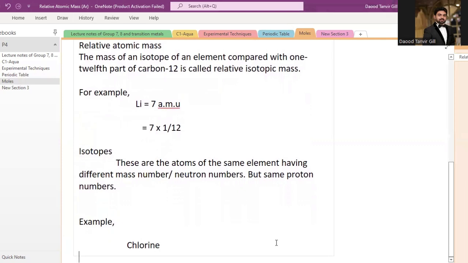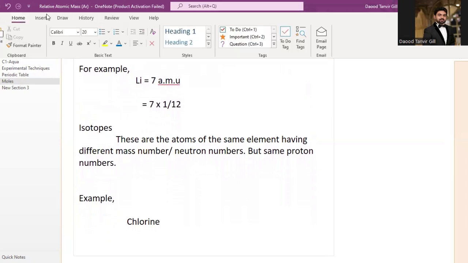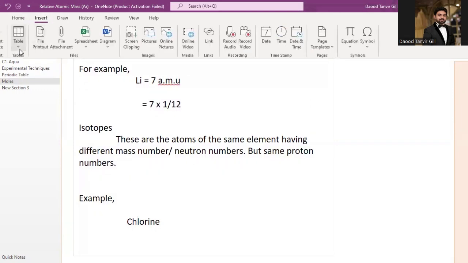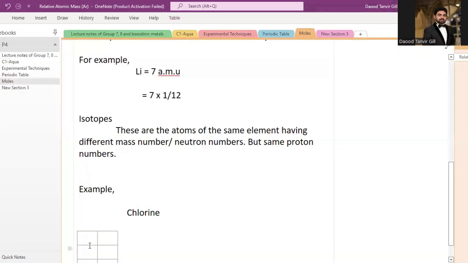So class, chlorine has basically two isotopes. I'll write down their abundance as well. Isotope 1 and isotope 2.